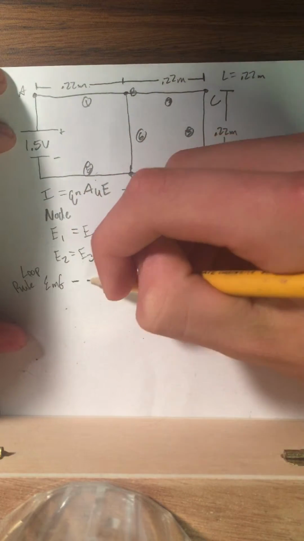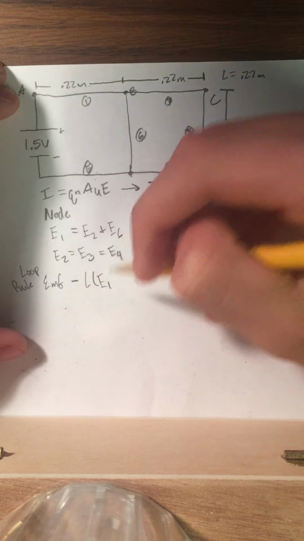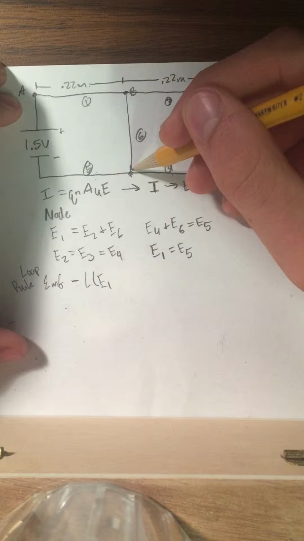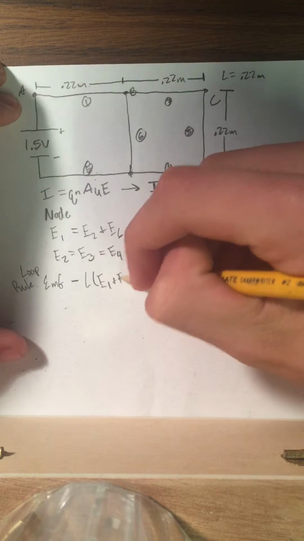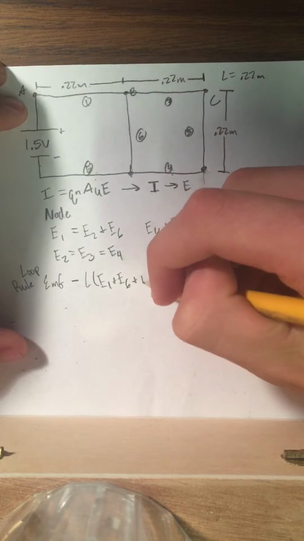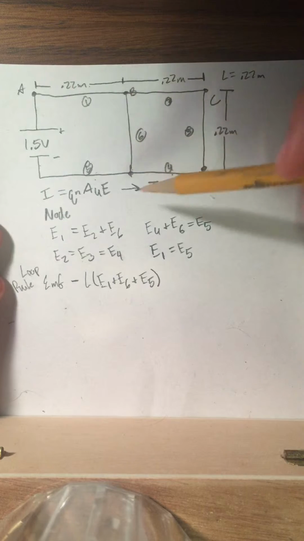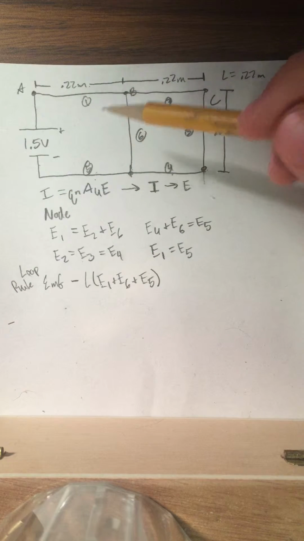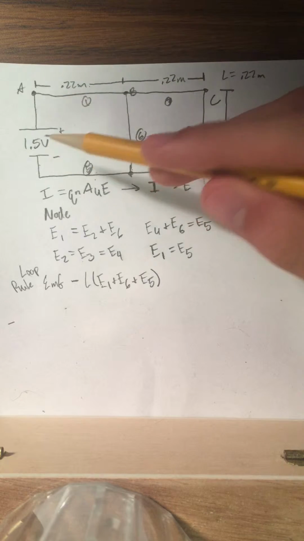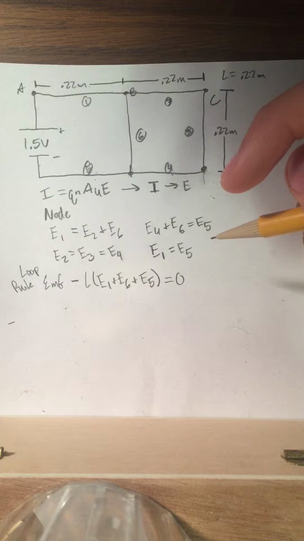And so we're going to say length times E1, because that's how far we're going, plus this next length times E6, plus this next length times E5, and that is the total potential difference that is, I guess, traversed over this path, and eventually that should all equal 0 because potential difference adds to 0 in a closed loop.